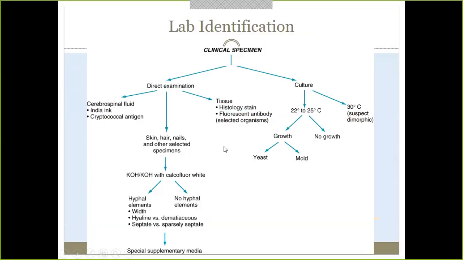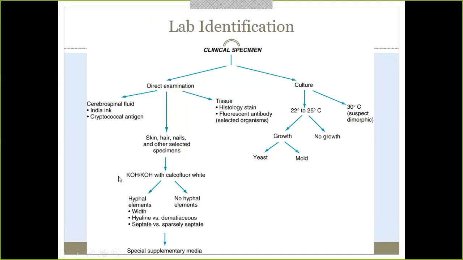All right, again, this is just a nice other flow chart of working up different specimens in the lab for fungal identification, because it's a bit different than bacteria. Fungi are worked up quite a bit differently than bacteria are, but just like anything else, you start with it. You can do stains on it. You can grow it on special agar. You can do a KOH prep, an India ink stain.